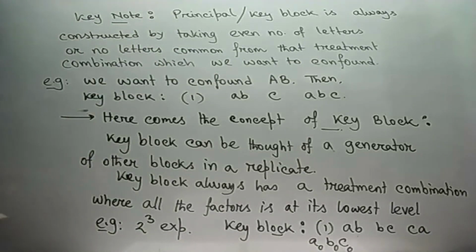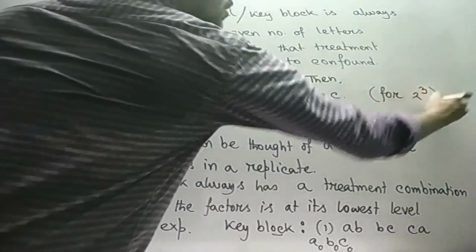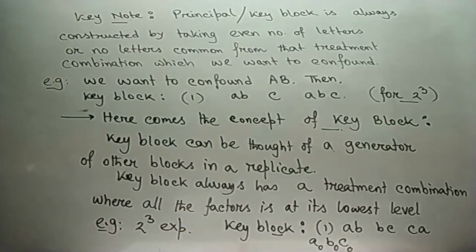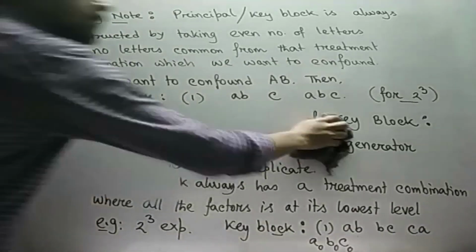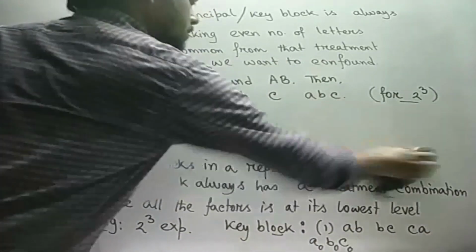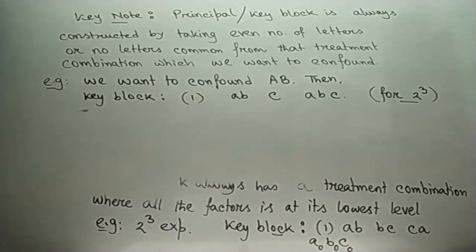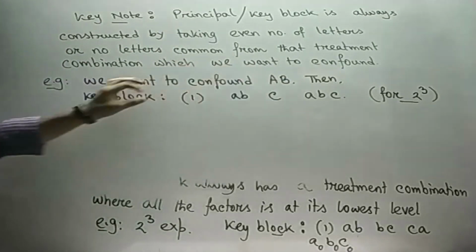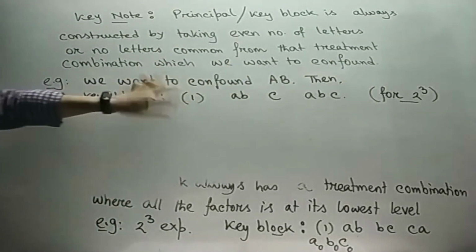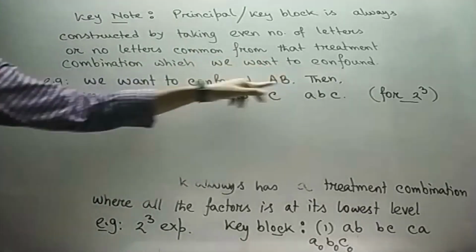For the 2 cube experiment, now we can justify the keynote here. As you can see, we want to confound AB. Now we have to construct the key block taking no common or an even number of common members from AB.